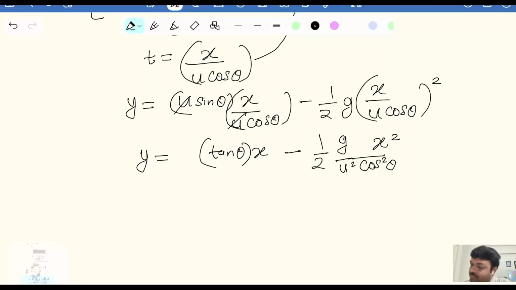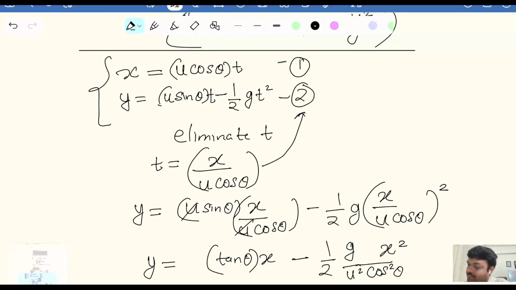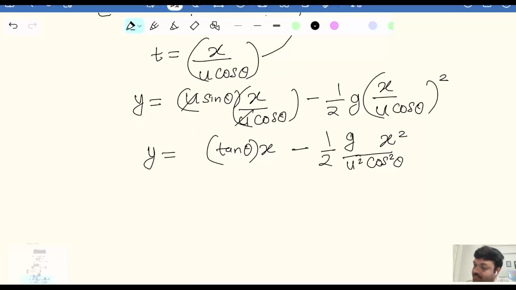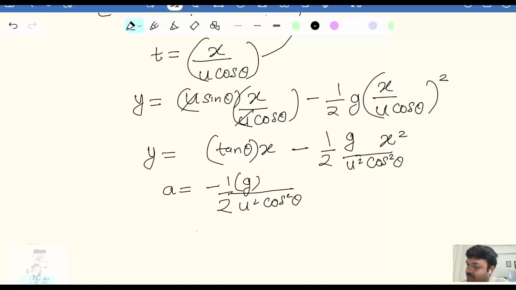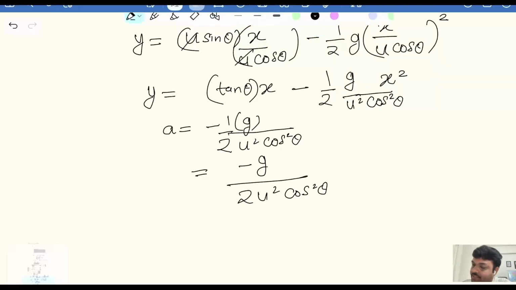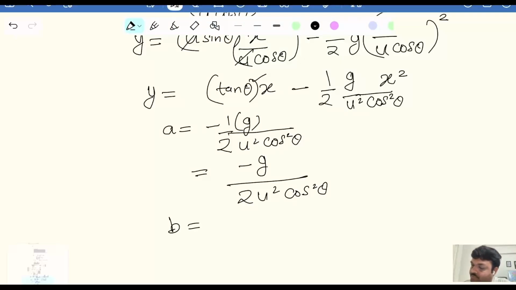Right, let's assume a as minus half g u square cos square theta, which can be written as minus g by 2 u square cos square theta, and then b can be written as, from this one, tan theta.